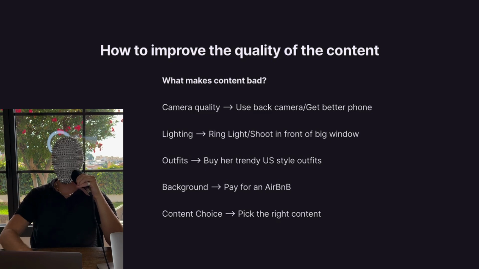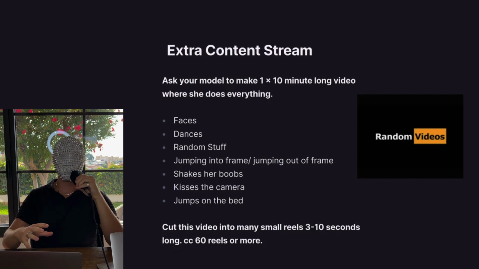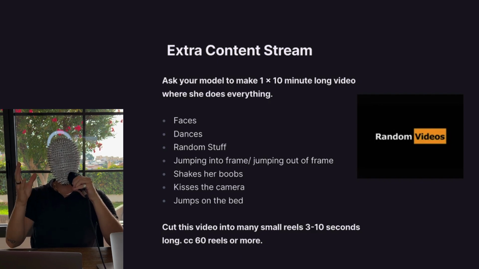And this is going to be how we're going to be creating an extra content stream if you want to be pumping out content on slave accounts. Or if your model just simply can't produce the reels you want her to do, this is going to be your absolute easiest solution to getting more content. You're going to ask the model to create one 10-minute long video where she does everything imaginable.